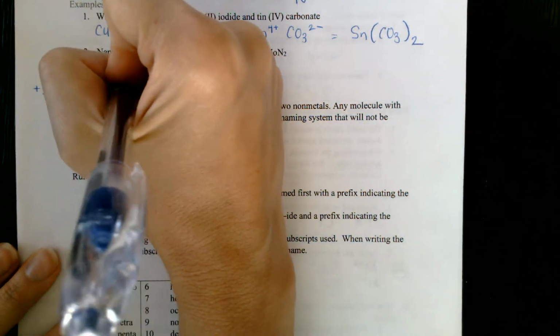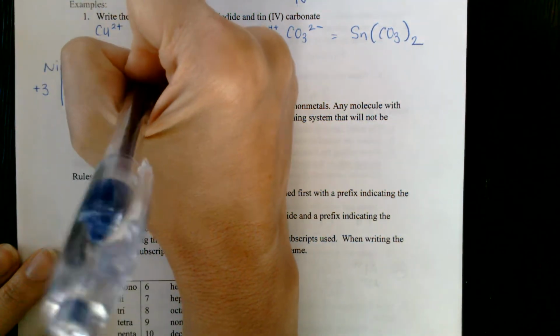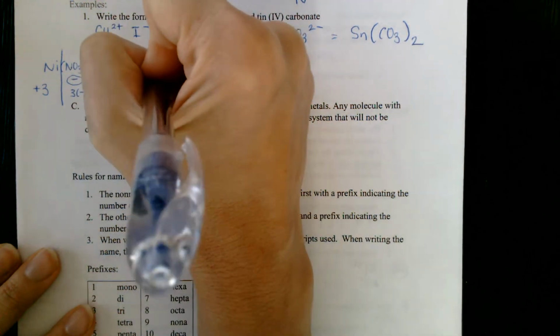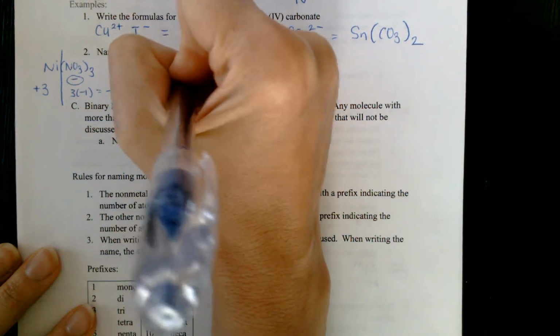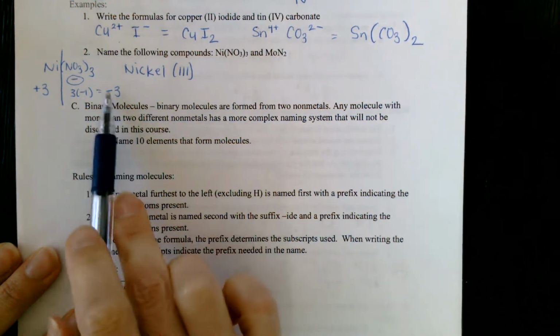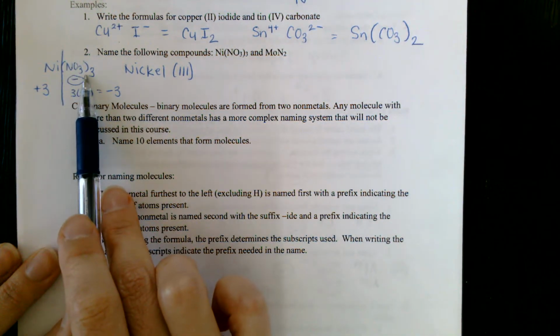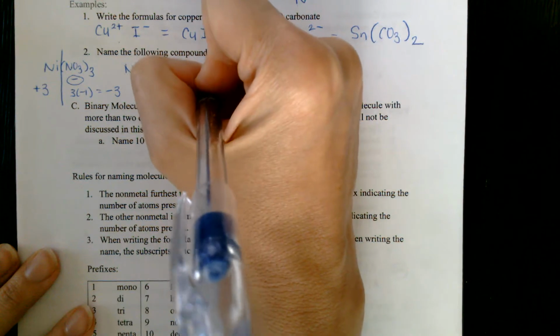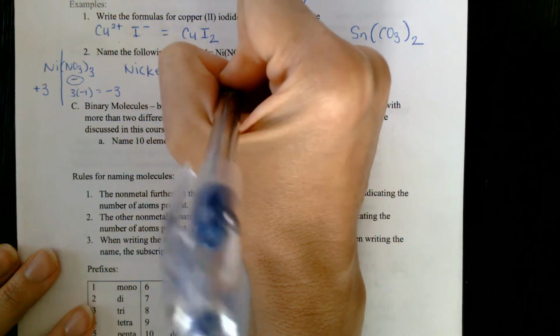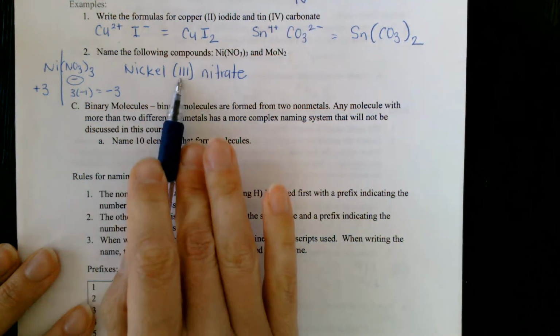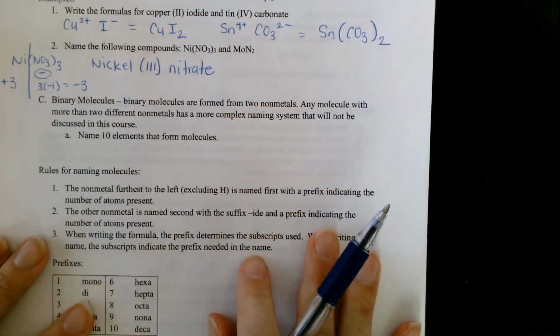So the name of this is nickel, and then I put the 3 to tell it's the nickel 3 variety, and then I name my anion afterwards, which is nitrate. So we have nickel 3 nitrate.